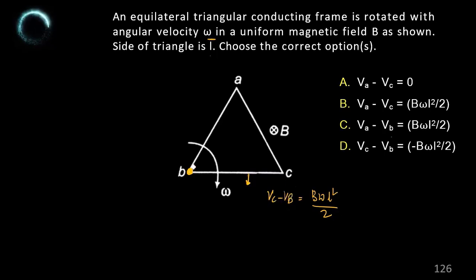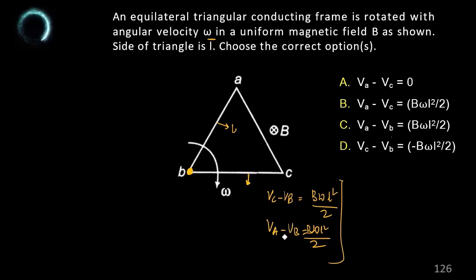Similarly, VA minus VB. Here the velocity is in this direction. So V cross B, A is the high potential side. So VA minus VB should again be B omega L square by 2. Now if I subtract these, we get VA minus VC. So what is the potential difference?